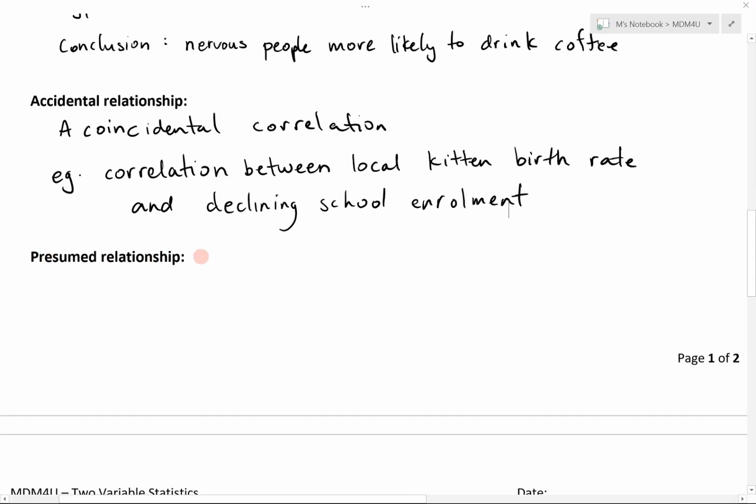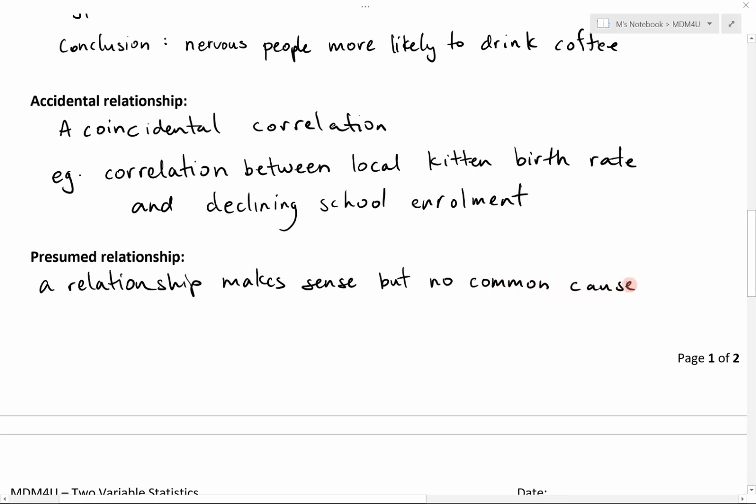And then you have a presumed relationship, which is a relationship that makes sense, but no common cause or any kind of effect is apparent.